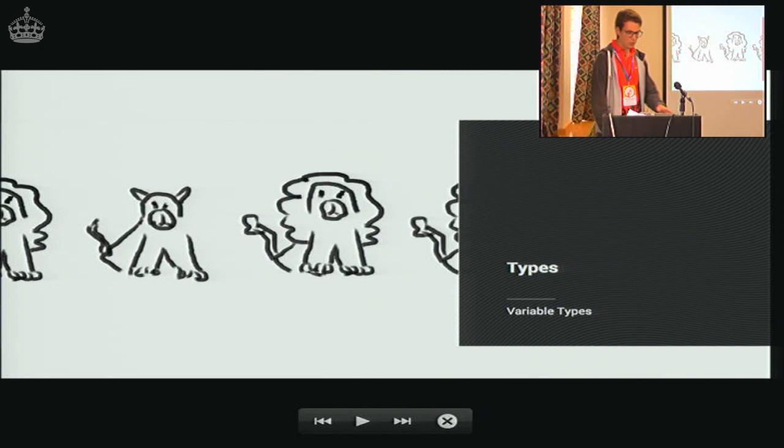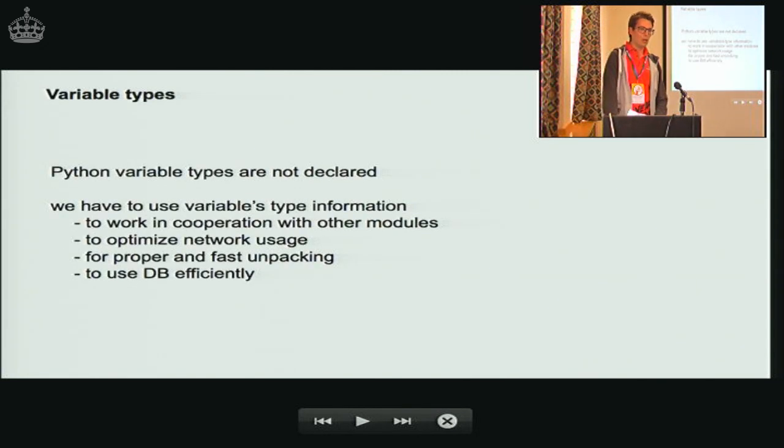Let's talk about variable types in Python. In usual Python programming, we don't have to care about variable types. We can, for example, make an array of any objects, and we can operate on them. But actually, it matters when it comes to a huge and complicated system like that.